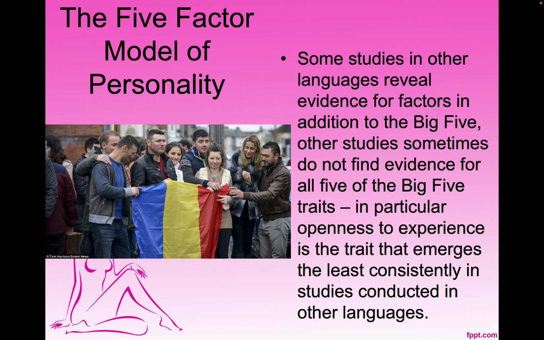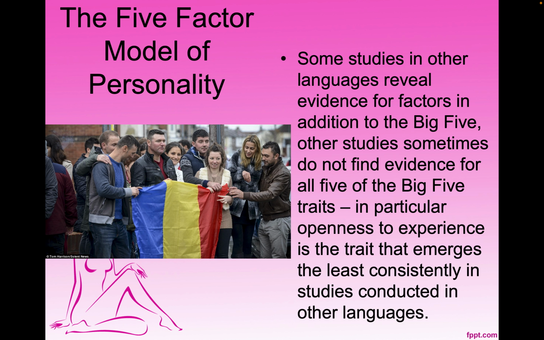Some studies in other languages reveal evidence for factors in addition to the Big 5. Other studies sometimes do not find evidence for all 5 of the Big 5 traits. In particular, openness to experience is a trait that emerges the least consistently in studies conducted in other languages. And this is Romania, and that was one of the factors in Romania as well.